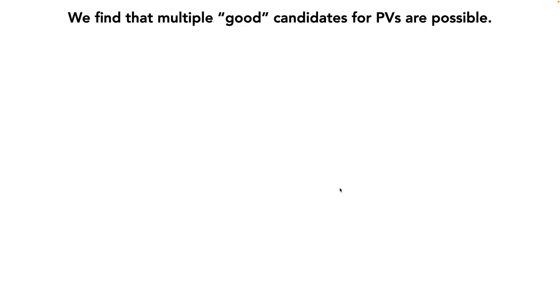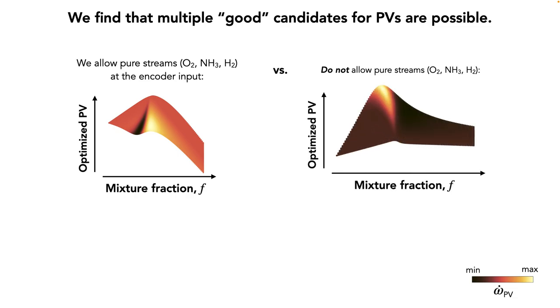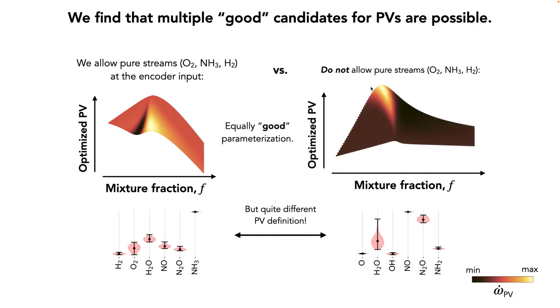We also find that sometimes more than one good candidate for a PV is possible. And we test this by allowing all species to enter the PV definition versus not allowing pure stream components, so O2, NH3, and H2, to enter the PV definition. And notice that these two topologies look different, but they're both unique and represent the PV source term well.